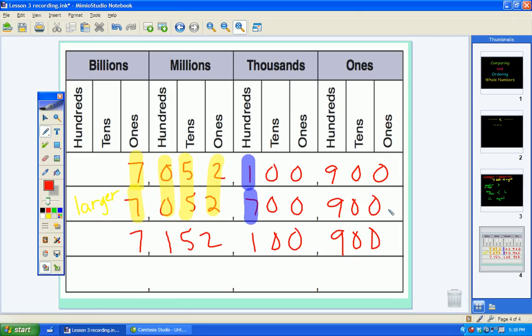I can go from right to left and I see that they're all the same, but it's best to compare from left to right. So I'm looking now and I see this one has a 7 billion as well. Here's my difference. Already I see where I'm going to be able to compare, and I see that this one's even larger than that one. So this one would be my smallest, this larger, and this would be my largest.